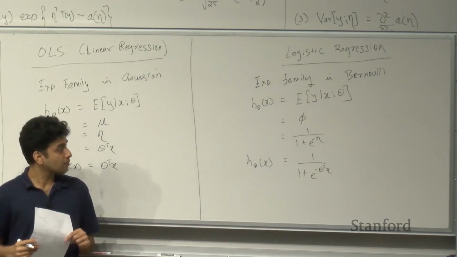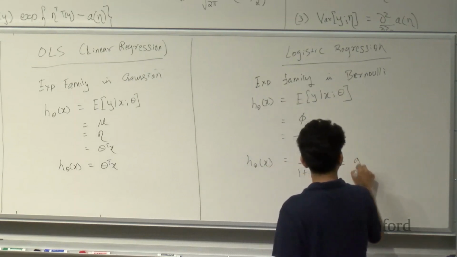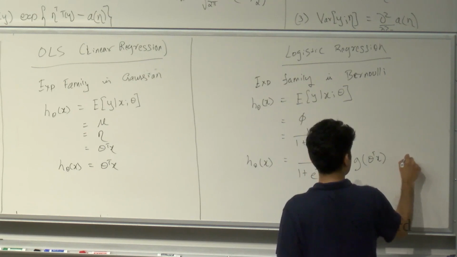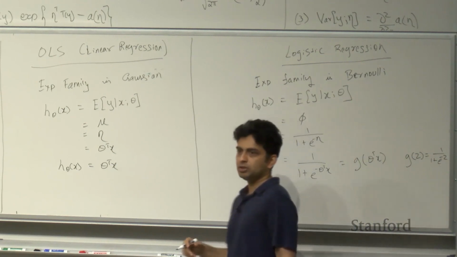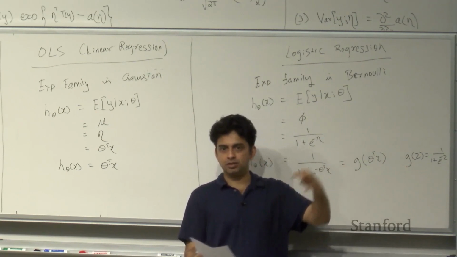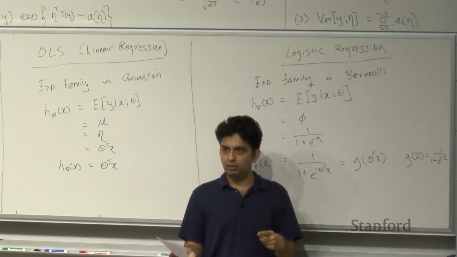And what we see here is that this is exactly equal to g of theta transpose x, where g of z equals 1 over 1 plus e to the minus z. When we introduced logistic regression, we arbitrarily chose g to take this form, something that squishes minus infinity to plus infinity into the range 0 to 1.